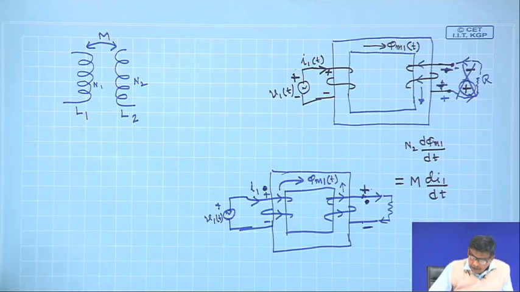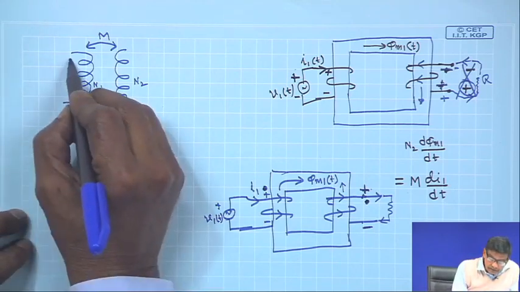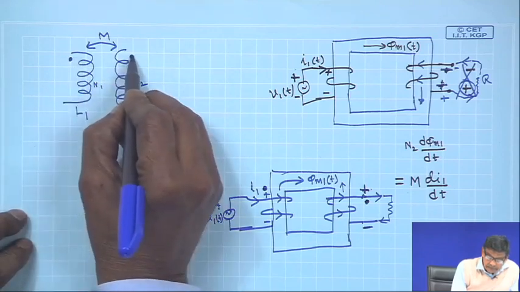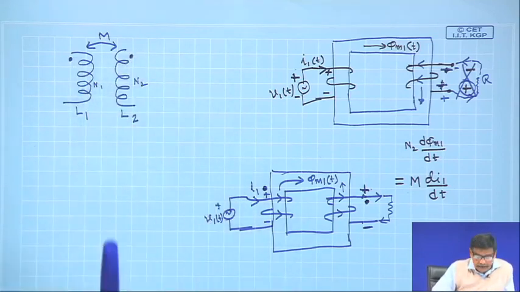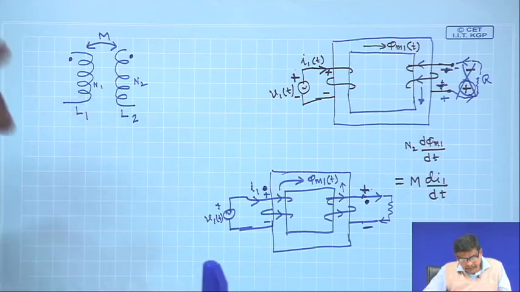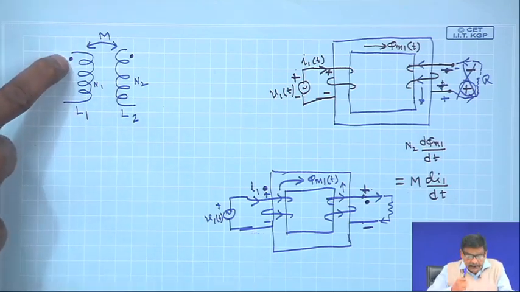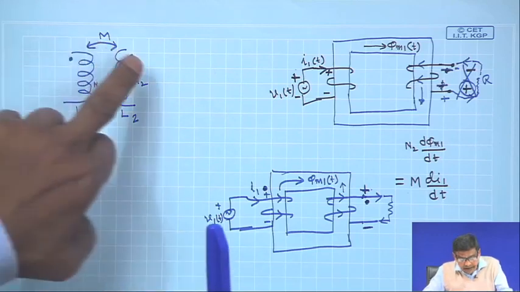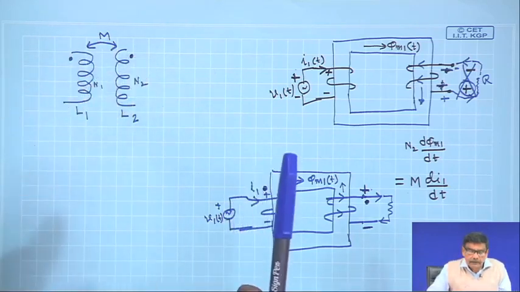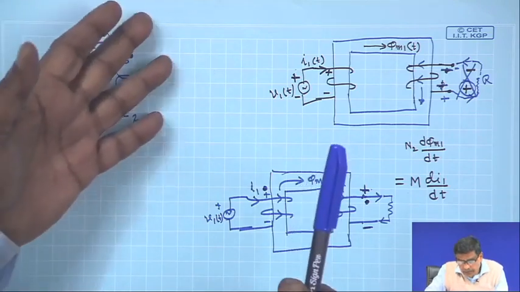Therefore, instead of showing plus, why do they show a dot? To indicate simply that whatever be the polarity of this terminal at a given time, the same polarity exists here. If it is plus, it has to be plus.